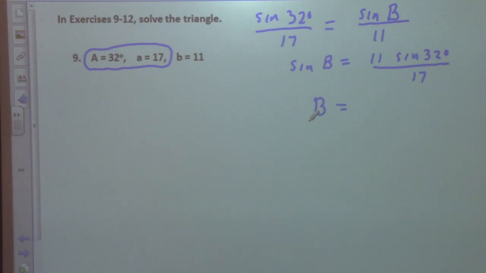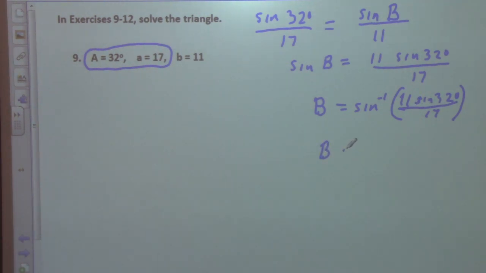You do that and then you take the inverse. Yeah, so we have inverse sine of 11 sine 32 degrees over 17. Can you see that? That's 11 sine 32. Is that legible? I hope so.